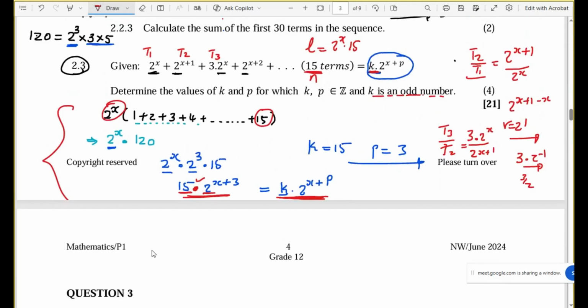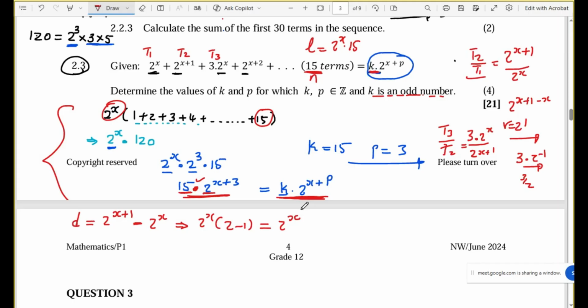So now let's find d. We know that d is equal to T2, which is 2 to the x plus 1, minus T1, which is 2 to the x. Therefore, if we factorize this, it is 2 to the x into 2 minus 1, which is just 2 to the x.